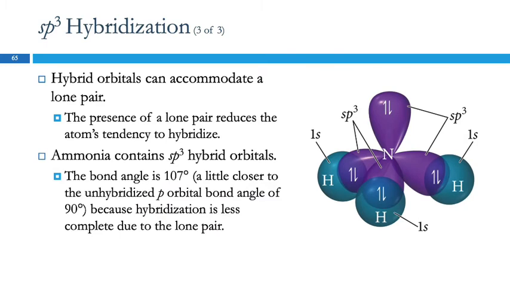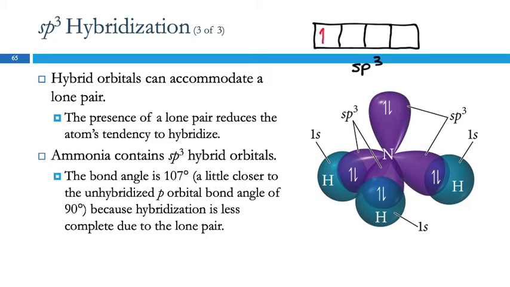What if we have a lone pair? So they don't draw the orbital diagram for this one. But this would be our sp3 hybridized orbitals. And nitrogen has how many valence electrons? 5.